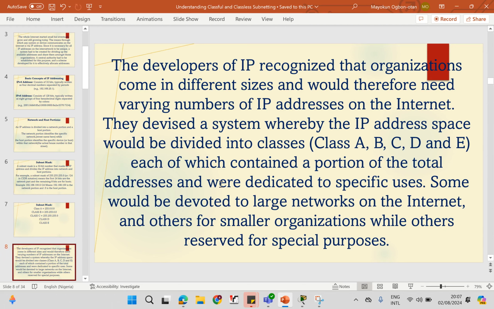Some were devoted to large networks on the internet and others to smaller organizations, while others were reserved for special purposes.